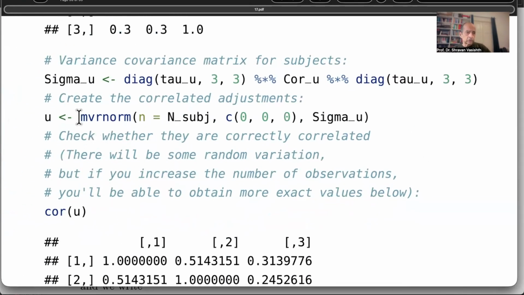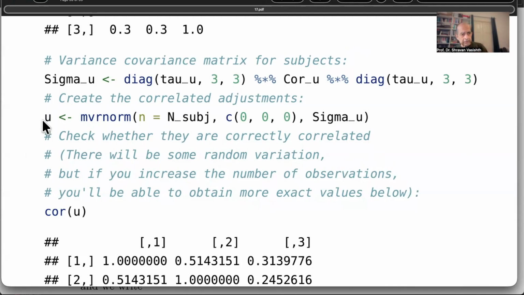Now we use the MASS package's function mvrnorm, multivariate normal, and this creates the 20 by 3 matrix that contains all the U's, the adjustments for the subjects.